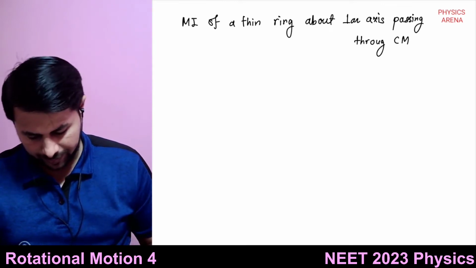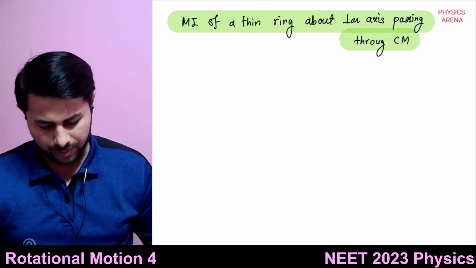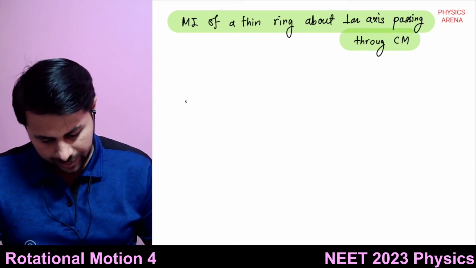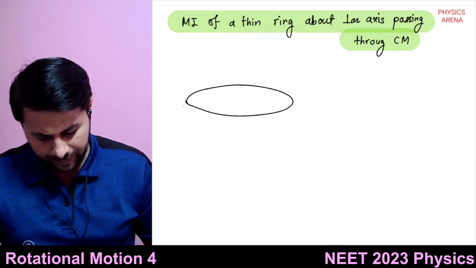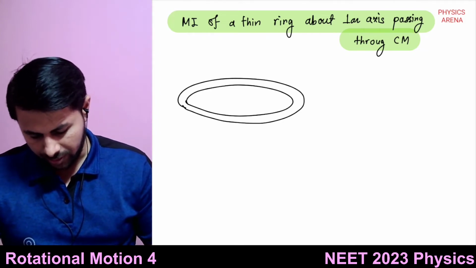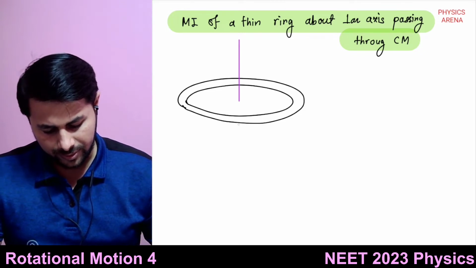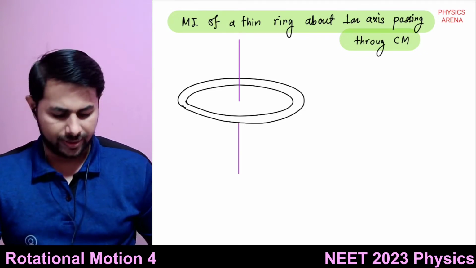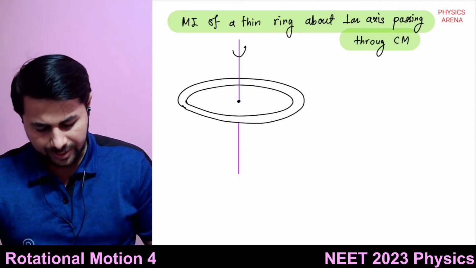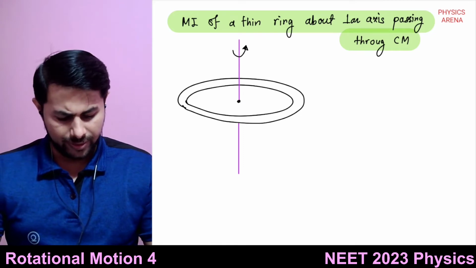So let's consider a thin ring like this. Suppose this ring is very thin, and this is the center. So this axis passes through the center of the ring.